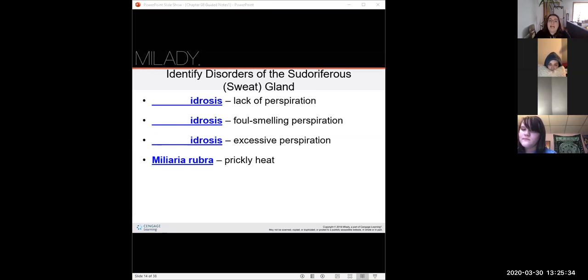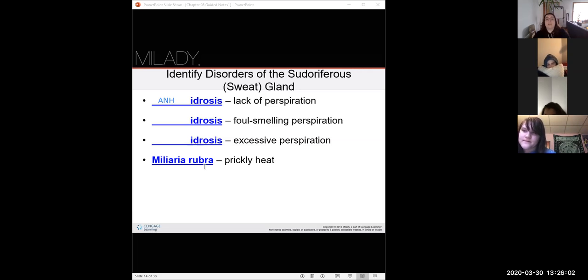So a lack of perspiration. We're going to talk about the sudoriferous glands, which are our sweat glands. Lack of perspiration is anhidrosis. That's supposed to be one word, anhidrosis. That's a deficiency where you have no ability to sweat, which is actually really not good for you.